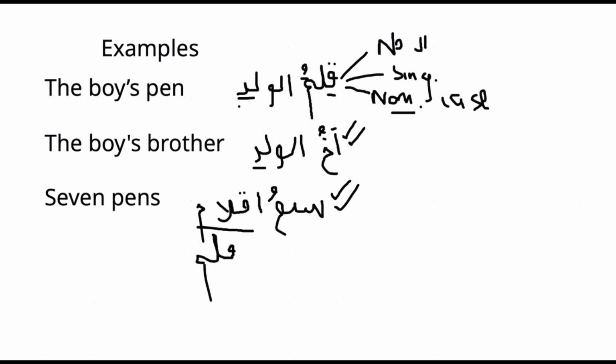So since qalam is masculine, our sab'a here will be feminine. So it will be sab'atu aqlam. If it was five, it would be khamsatu aqlam. Thalathatu aqlam.